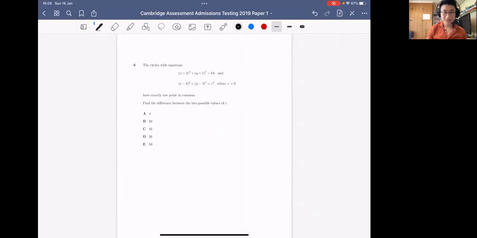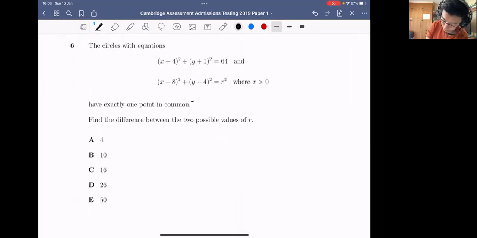So, circles, all right. The circles with equations that have exactly one point in common. Okay, so since they have exactly one point in common, then let me zoom in a bit. That means the two circles meet at their boundaries. That is the only way for two circles to have only one point in common. Let's see.